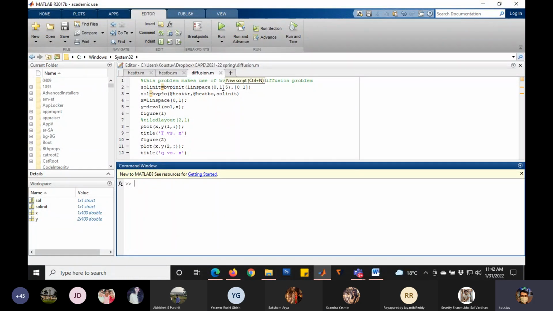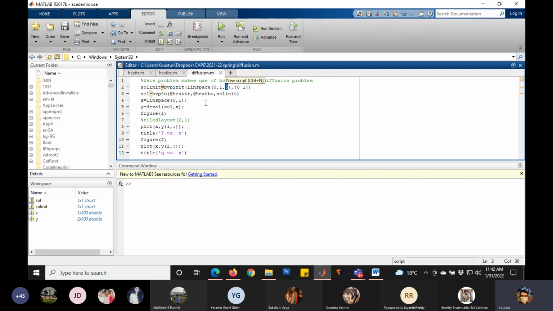It has divided the range into 5 points, and also given the initial guess as 0 and 1, and then again this is giving us 100 points. deval is just evaluating that y again in the solution that is obtained, at 100 different intermediate points. Figure 1 will plot the temperature versus x, and figure 2 will plot the heat flux versus x.